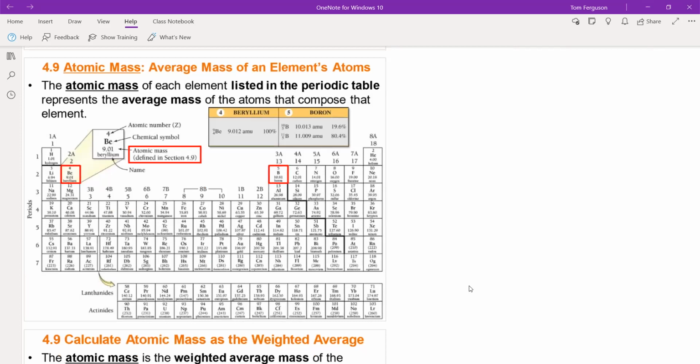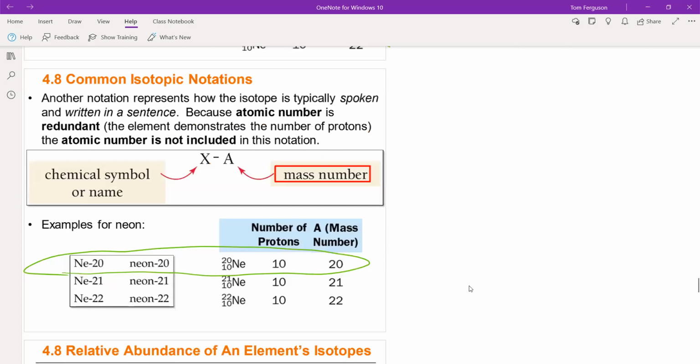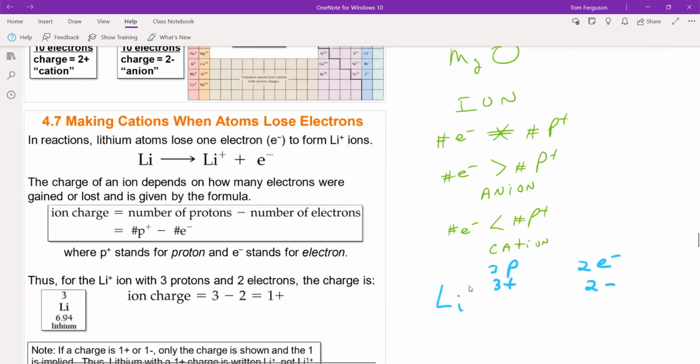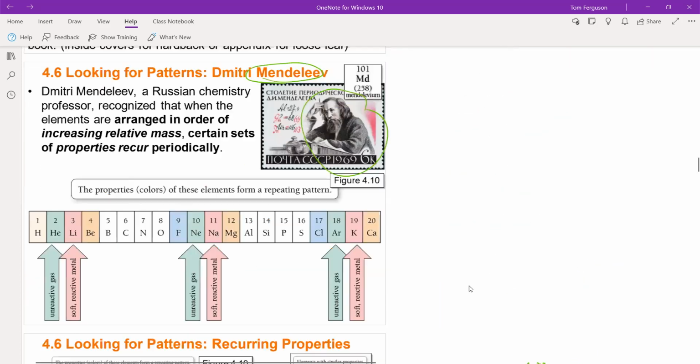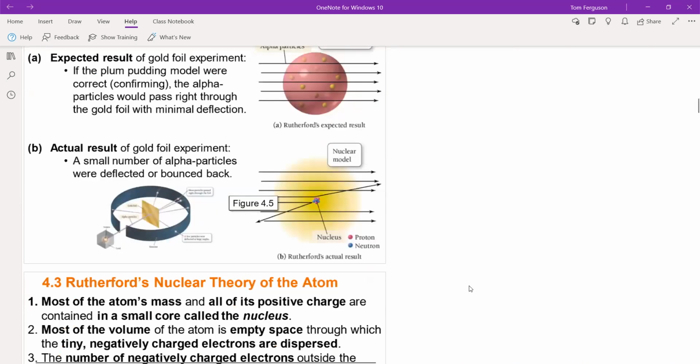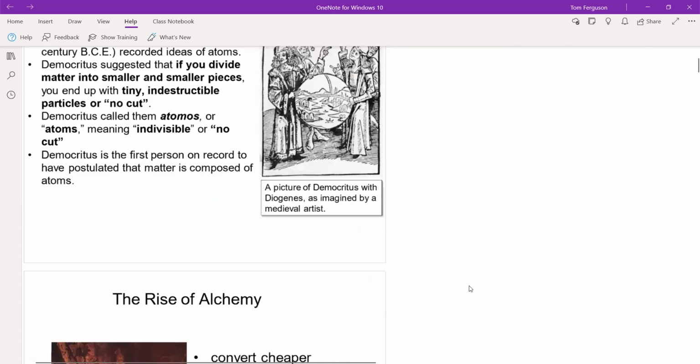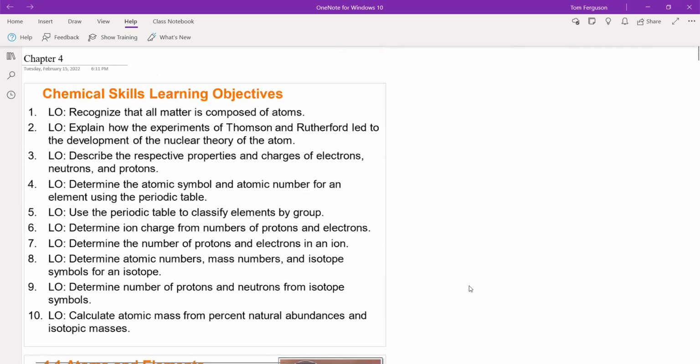Okay, so we've covered a lot of stuff on this periodic table. If we go back to the original slide on the student learning outcomes, we've done 1 through 9. Those 2 worksheets I want you to do, one is on neutral atoms, the other is on ions.